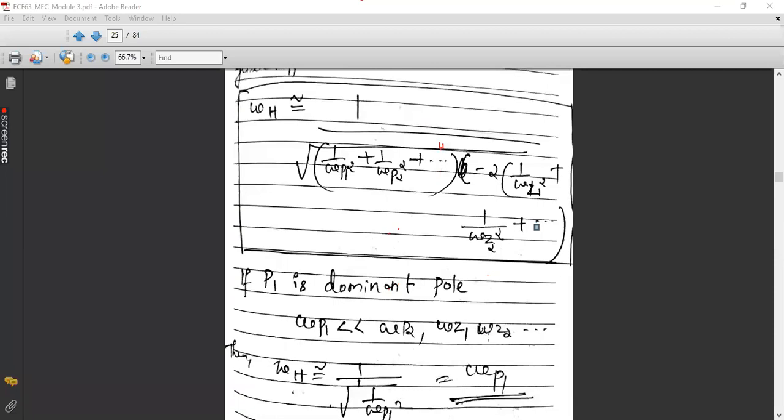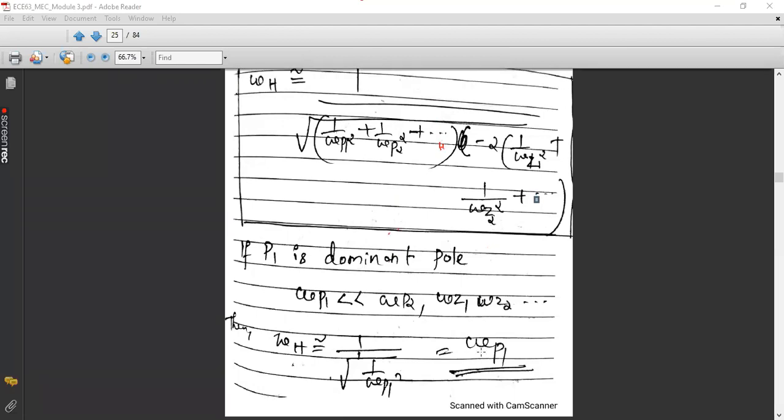So compare the two equations. This is the equation for your general case where there is no dominant pole existing, whereas this is a simple interpretation of finding omega h if there is a dominant pole existing. In that case, the dominant pole itself is assumed as your cutoff frequency. So any doubts with respect to your general equation and the dominant pole concept?